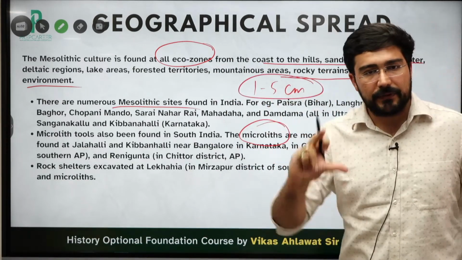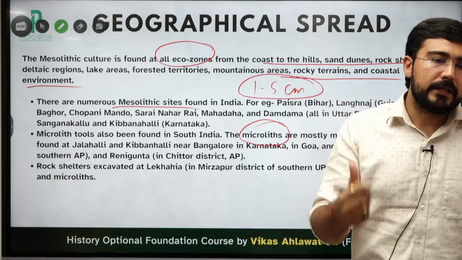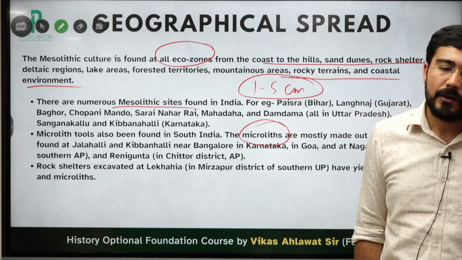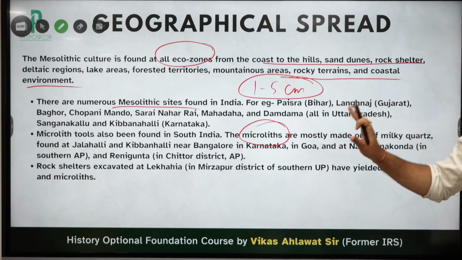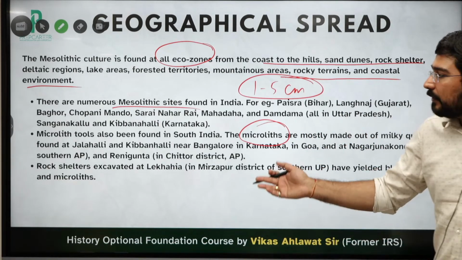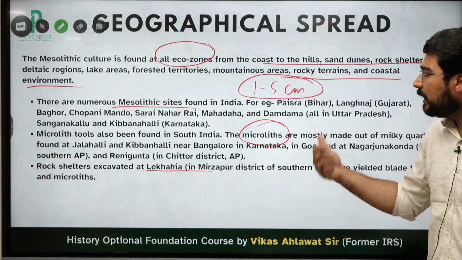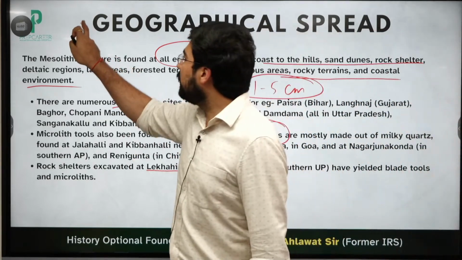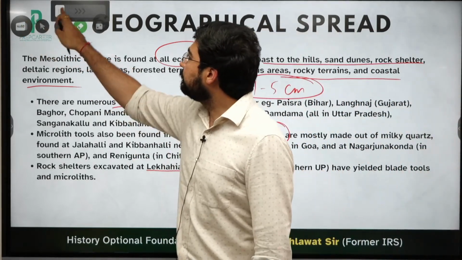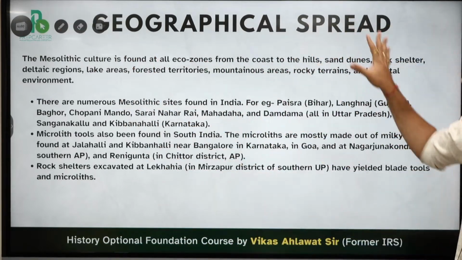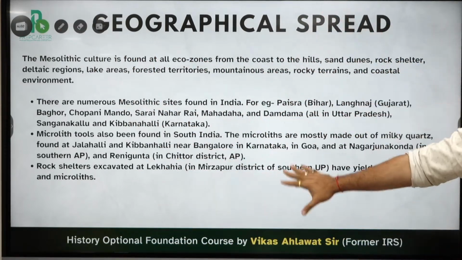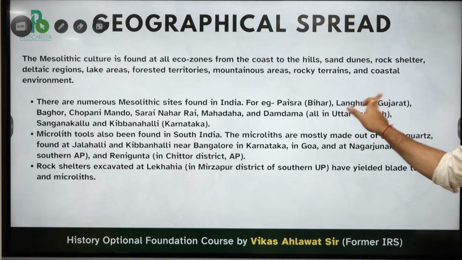This is the specific size, and they are mostly used as projectiles for hunting and food gathering. This is the main purpose of these tools. Okay, we have found rock shelters at Lekhahia here, in addition to the already famous ones, Bhimbetka and Adamgarh. So this is the geographical spread, which you can see is in the majority of India.